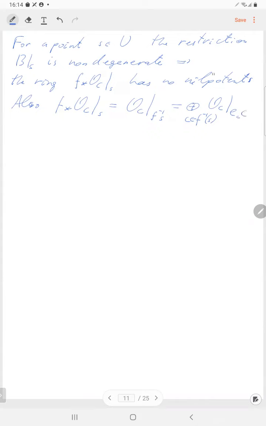Okay, and if the multiplicity is bigger than 1, locally we'll have OC at c. Oh, sorry, this is big C, this is small c. It will be locally like the ring of polynomials in a local parameter x modulo x to the power e_c. So it will have nilpotence if e_c is bigger than 1.